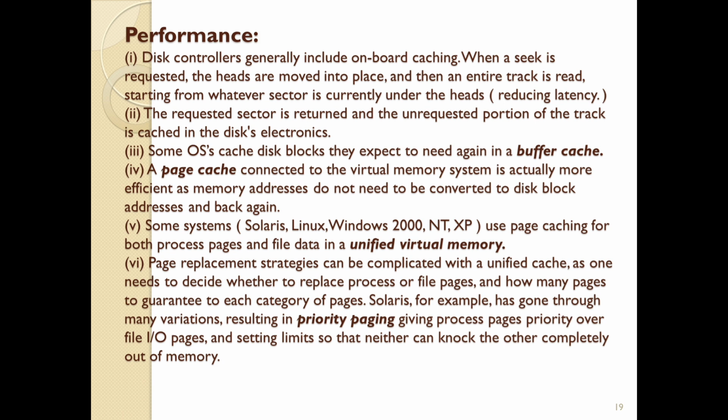Page replacement strategies can be complicated with a unified cache, as one needs to decide whether to replace process or file pages and how many pages to guarantee to each category of pages. Solaris, for example, has gone through many variations, resulting in priority paging, giving process pages priority over the I/O pages and setting limits so that neither can knock the other completely out of memory.